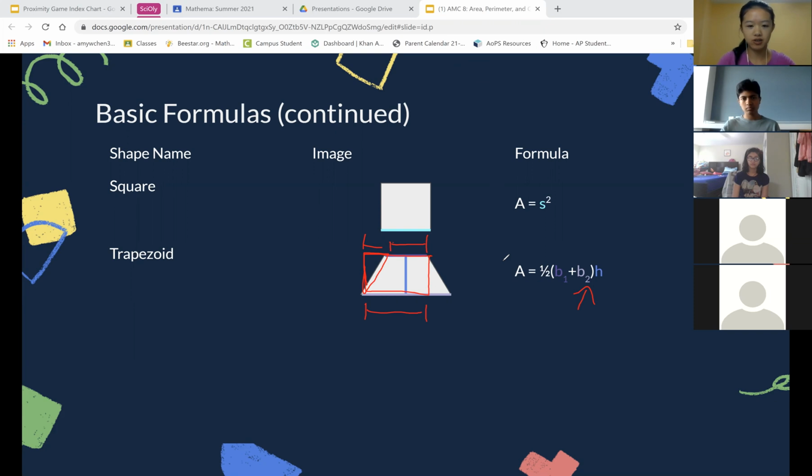So that means base 1 plus base 2 is actually 2 lengths, not 1 length. So we have to divide by 2 to reduce it down to just 1 length. Because when you're finding the area of a rectangle, you're not doing 2 times length times height. You're just doing length times height. So when you're moving it, you're actually getting 2 lengths. That's why you have to divide by 2. Could you also calculate the triangles and the base individually? Yes, you could calculate them individually.